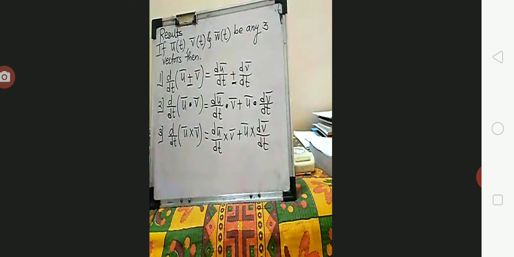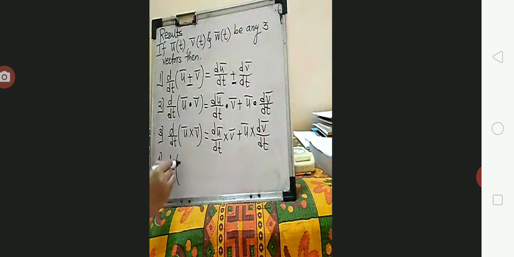Now similarly we can see it for the scalar triple product which we have seen just now. That is the fourth result. d/dt of u bar dot v bar cross w bar. If three vectors are there, u bar dot v bar cross w bar. Again you have to preserve this dot and cross wherever it is as it is, and we'll use the product rule.